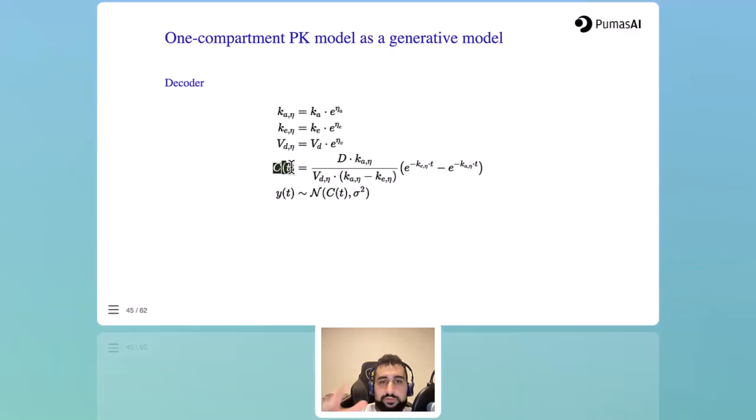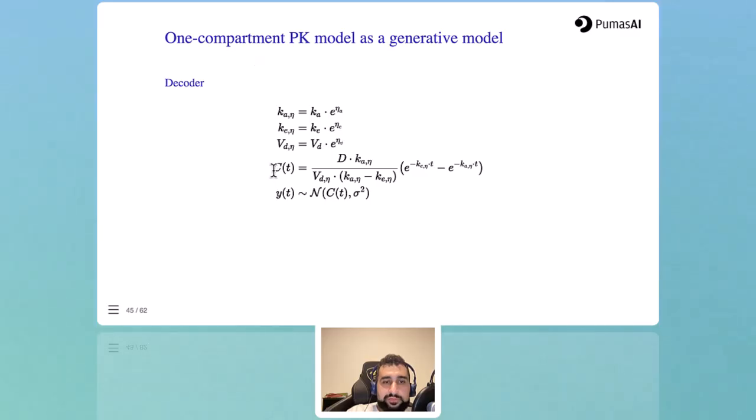Now we could just define an ODE and solve it using numerical integration methods or numerical ODE solvers. But here, for simplicity, I'm just defining the closed form solution. Commonly, you would have some sort of ODE that you can solve, and this is the analytic solution to a specific ODE for this one compartment PK model.